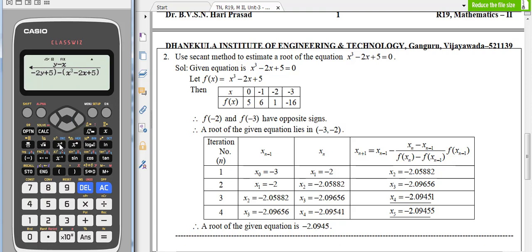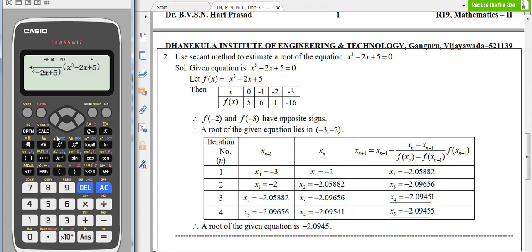And this is to be multiplied with f of x(n-1), which means f of x only, x cube minus 2x plus 5. So this is the expression corresponding to the formula to be used in secant method.